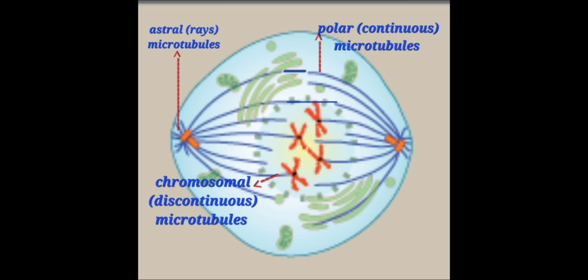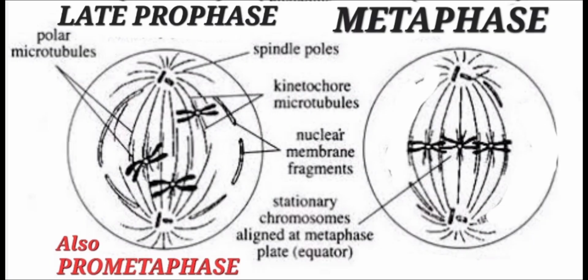Fibers that arise from the centrioles are basically of two types. Firstly, some smaller fibers which are found at the poles. These are the smaller astral rays. Secondly, the bigger fibers running across the poles, that are called the spindle fibers.